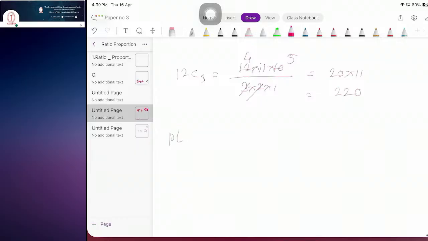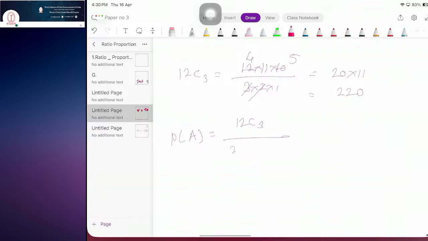So the probability of that particular event, that you want to select 3 white balls, all balls are white, out of 12 balls, that is 12C3, when in total you are having 23 balls, any 3 balls. In the denominator part, we are just thinking about how many balls, whatever the color is immaterial.